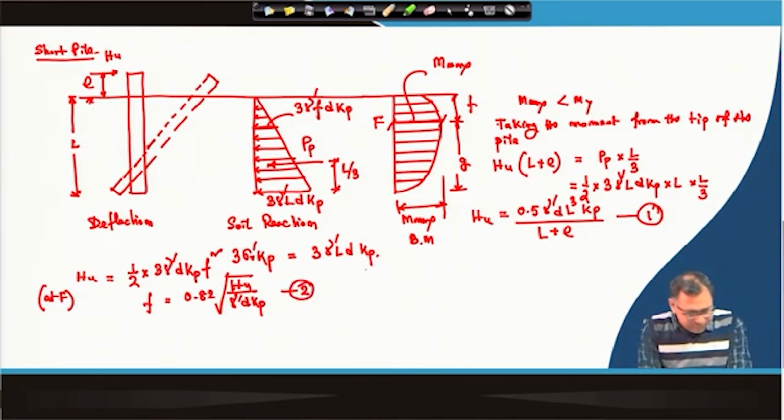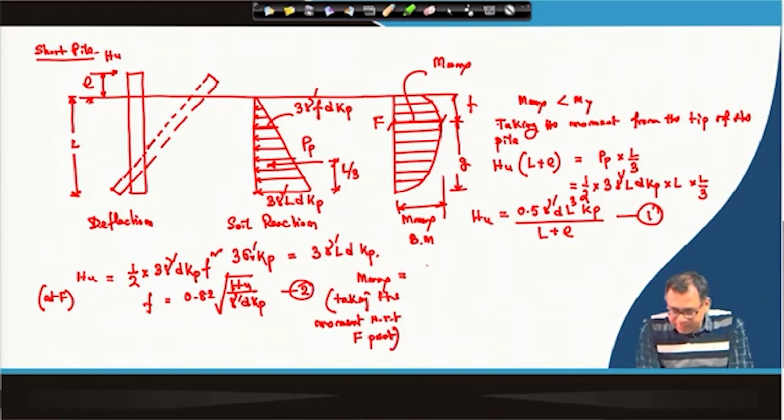Once I get the F, then I have to calculate the maximum moment, so I am taking the moment with respect to F point.